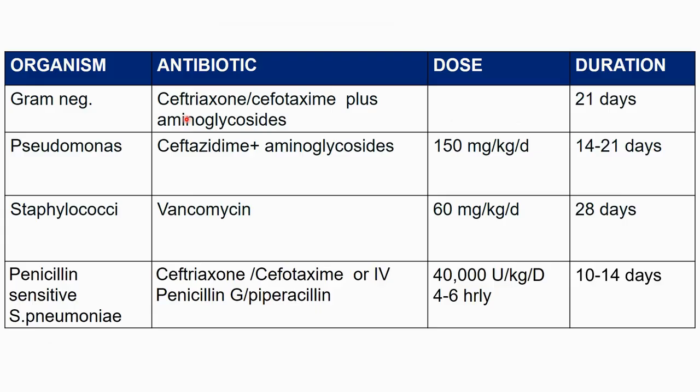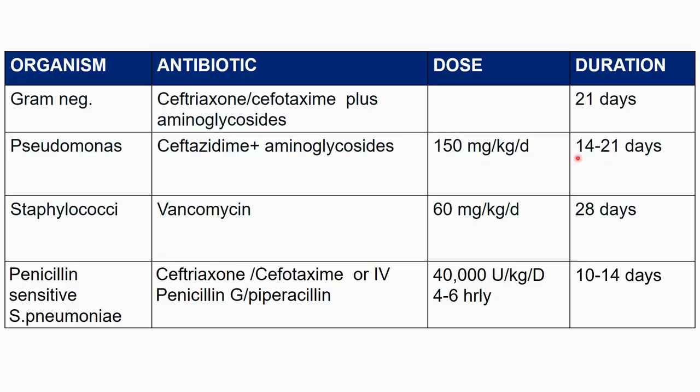If it is a gram-negative organism, then ceftriaxone or cefotaxime with an aminoglycoside combination is used. Duration of treatment should be 21 days. If it is Pseudomonas, then ceftazidime and aminoglycosides are the drug of choice combination. Ceftazidime dose should be 150 mg per kg per day.